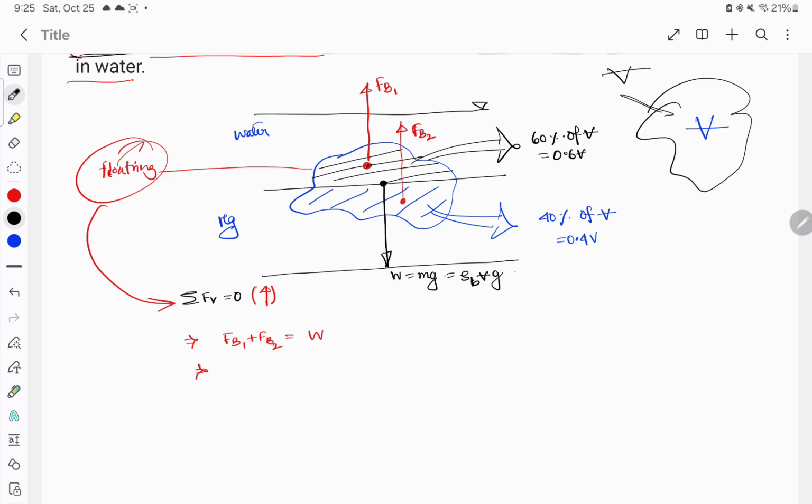Now what is Fb1? Fb1 is the force of buoyancy due to the liquid displaced by the body in water.